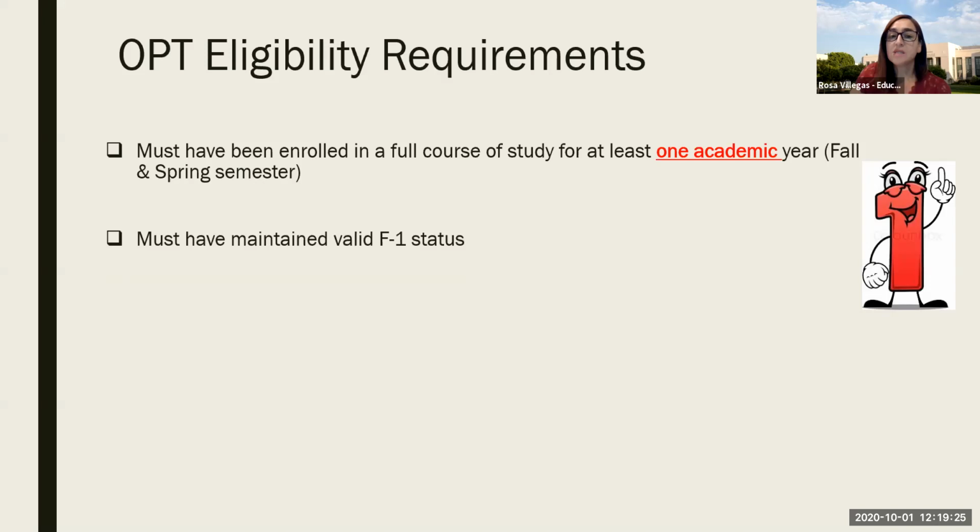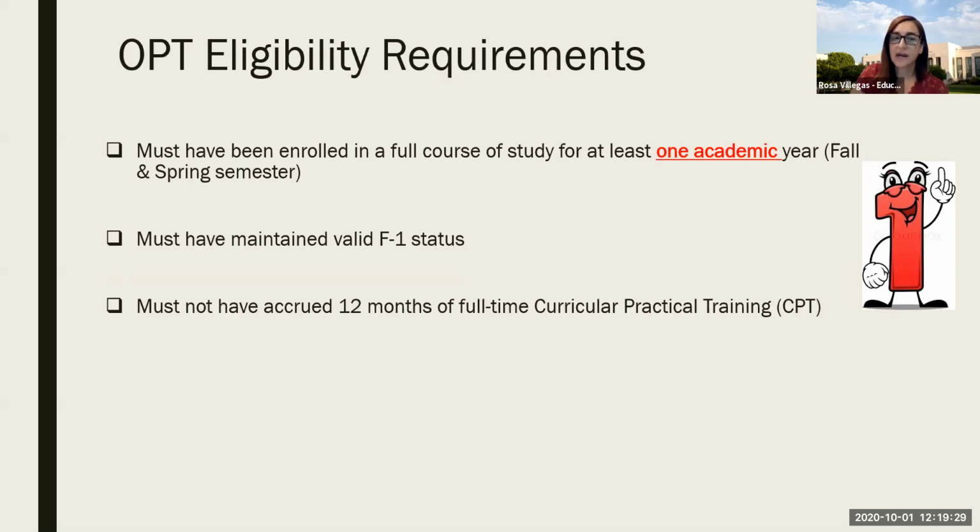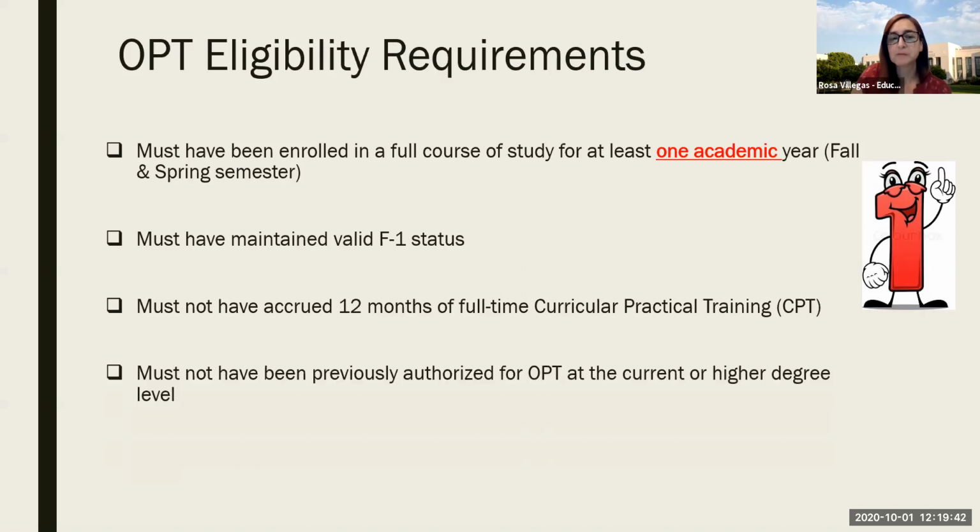You must have maintained your valid F1 status and continue to maintain your status. If you apply for CPT, curricular practical training, and you completed 12 months of full-time CPT, you're not eligible for OPT.